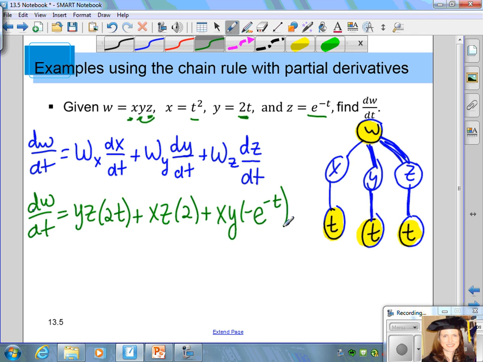One last thing we're going to do is make the substitutions. We're going to replace x with t squared, y with 2t, and z with e to the negative t.